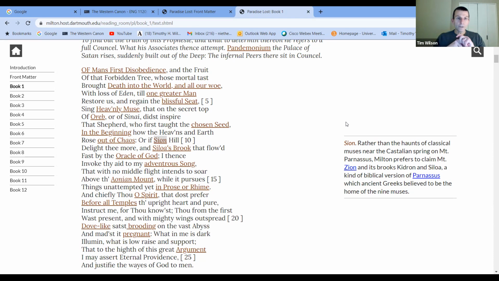And he knows that things unattempted are tempting. So he knows that there's an etymological link between tempt and things that you're going to attempt, I'm going to try, and things that are tempting, that want you to try them.